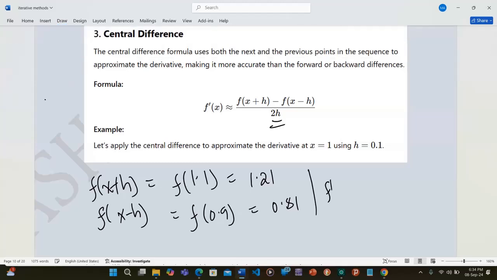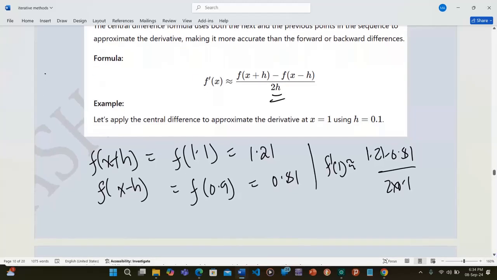So we just substitute in the formula for the central difference method. So f prime of 1 will be approximately equal to 1.21 minus 0.81, divided by 2 times 0.1. If you put it on the calculator, 1.21 minus 0.81, divided by 0.2, gives you exactly 2.